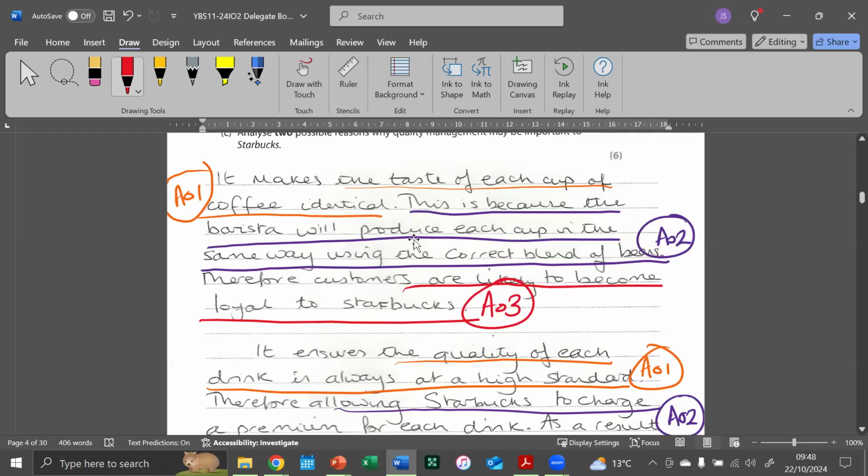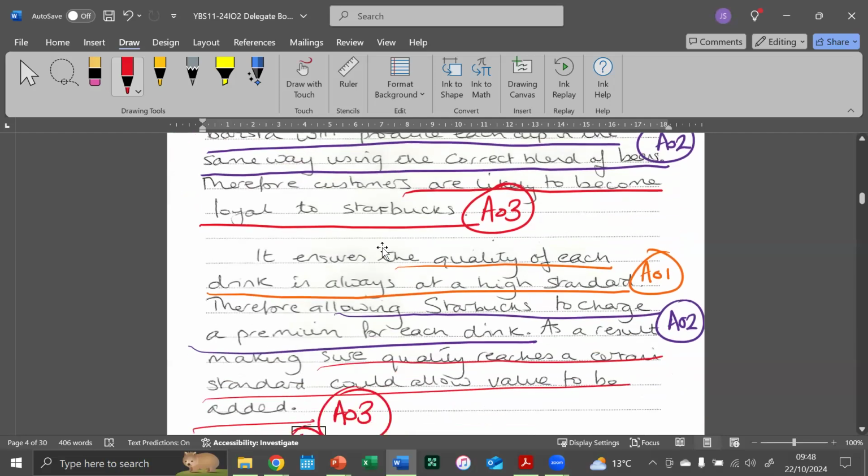Notice we've got a paragraph break between the 2 reasons, much, much easier to mark. And notice how the way it is created, it matches the mark scheme. AO1, AO2, AO3, AO1, AO2, AO3. A lot easier, okay? And most importantly of all, using significantly less words.